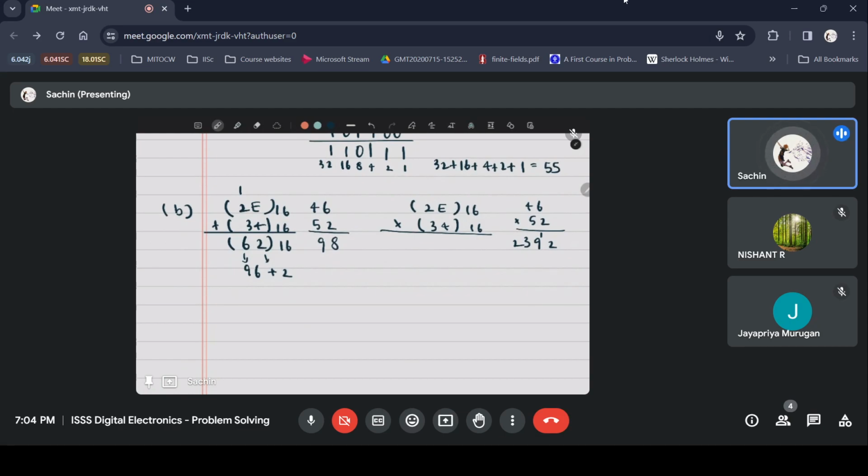That's 48 plus 8. So it's 8. 48 is 3 times 16. Carry over a 3. 4 into 2 is 8. Plus 3 is 11. 11 is b.